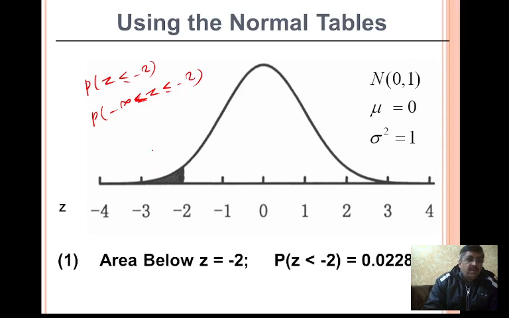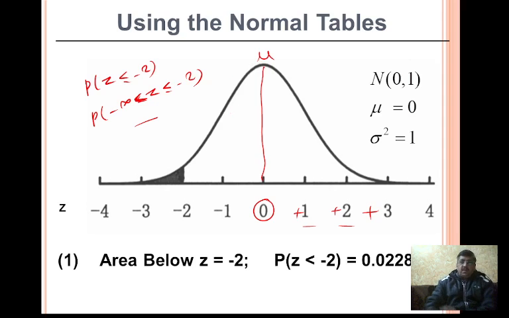So how will we find this one? This is a normal distribution table. Here we have 0, 1, 2, 3, that means plus 1, plus 2, plus 3, and so on, right? And this part is the middle part. You can understand it as mu as well, right? So you don't have to go into the calculation part. Just try to understand only one thing, that is the setting part.